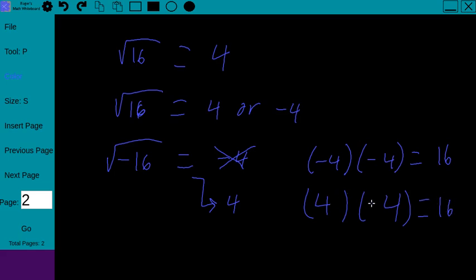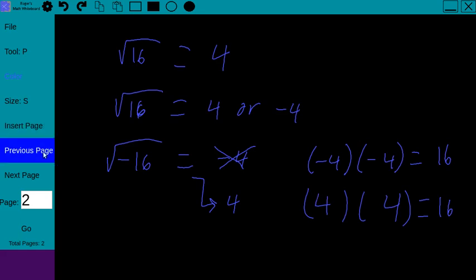Unless the signs are different, which violates the concept that they need to be the same in both brackets. So there is no real solution. There's an imaginary solution, but we haven't gotten to that yet.